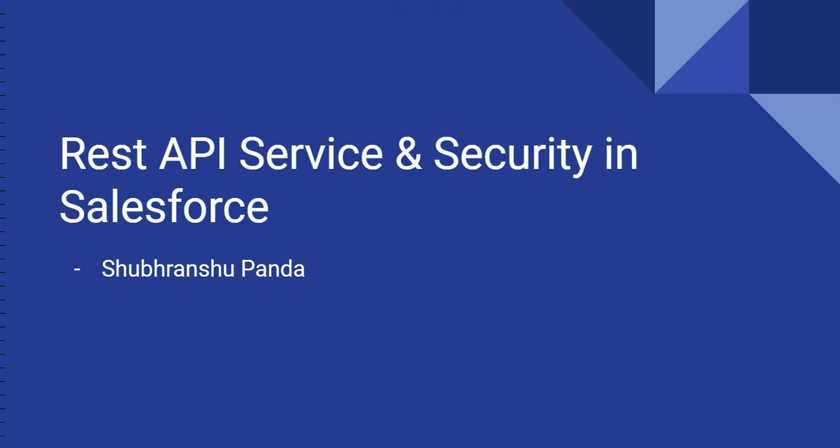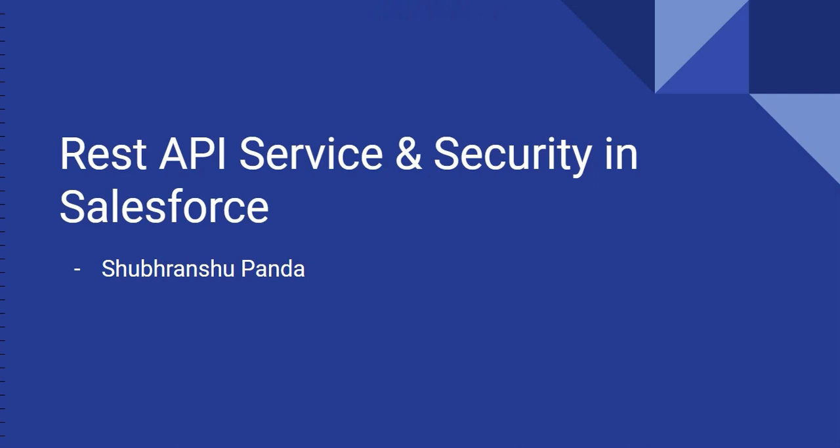Okay. I know as a Salesforce developer you have heard about the Salesforce APIs, like the REST API, SOAP API, and Bulk API, etc. You will get a lot of information in tutorials, articles, and videos in a Google search. But the important thing is the security mechanism for these APIs.